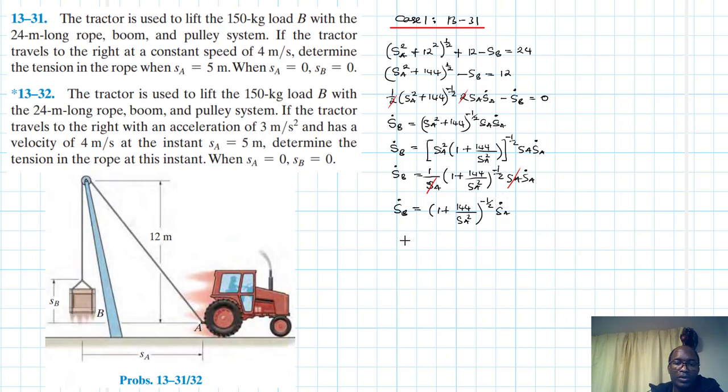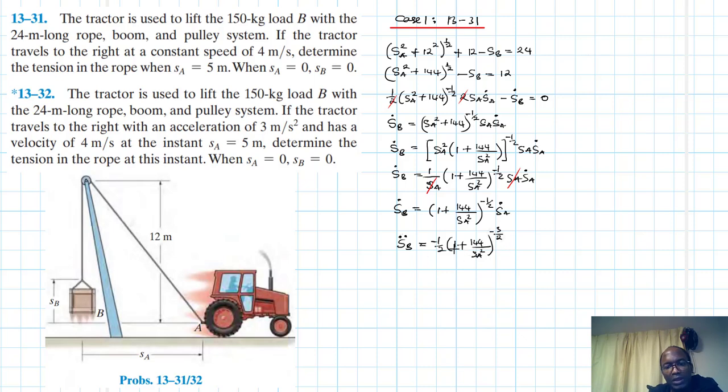Okay, then let's take the second derivative, SB double dot. We'll use the product rule. Let's start with the first term. This becomes minus half, 1 plus 144 divided by SA squared, to the power 3 over 2.